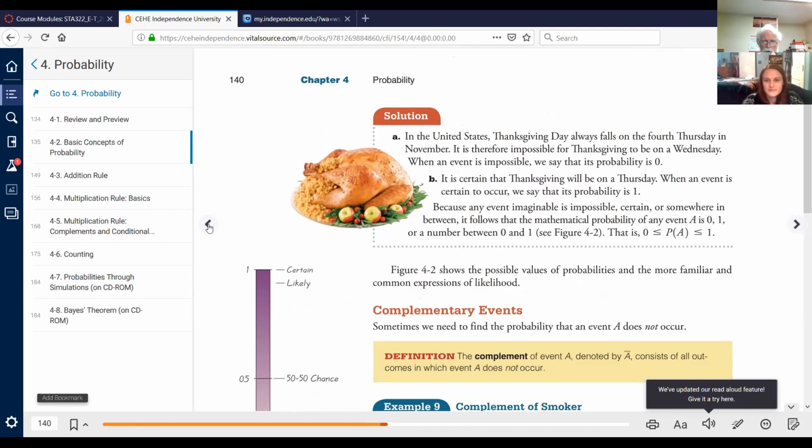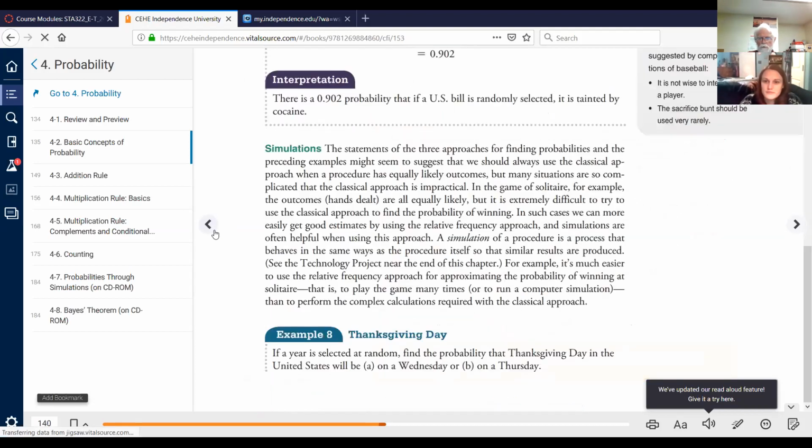The probabilities can be anything on a scale of 0 to 1 or 0% to 100%. A 0% probability is something that cannot occur. An example that they give is selecting a year at random and finding the probability that Thanksgiving Day will be on a Wednesday.